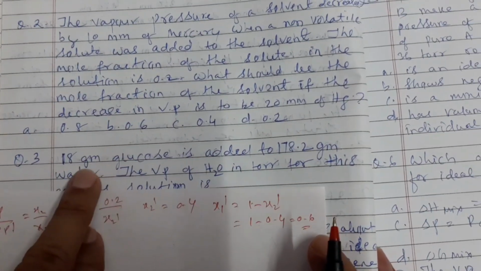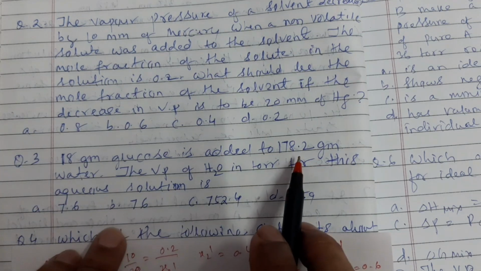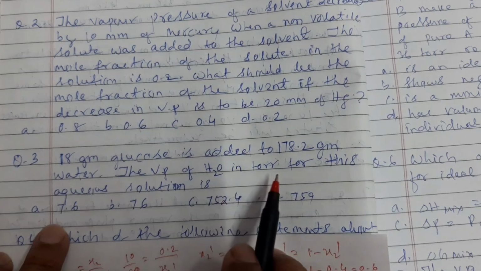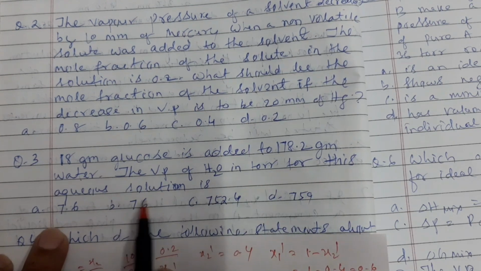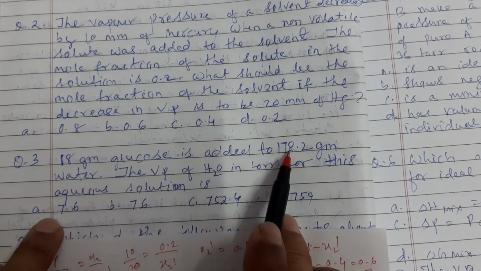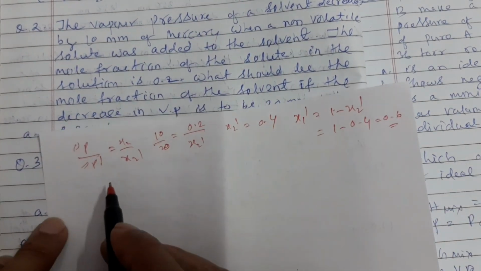Next, 18 gram glucose is added to 178.2 gram water. The vapor pressure of water in torr for this aqueous solution is how much? So you have to change these two into moles or mole fractions.